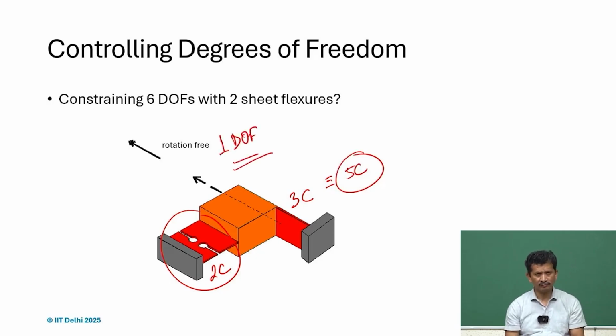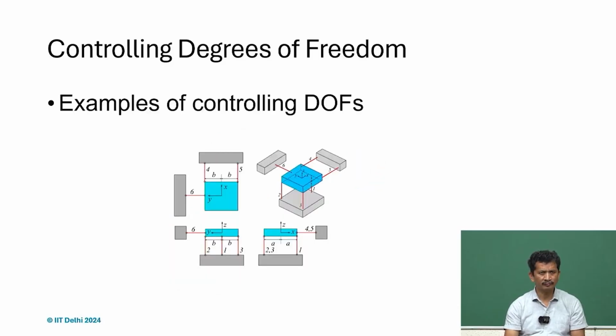So, if you consider two sheet flexures as our over constraint design, and you want the exact constraint version of that, one of the sheet flexures you have to use, and the other one you use with the hole.